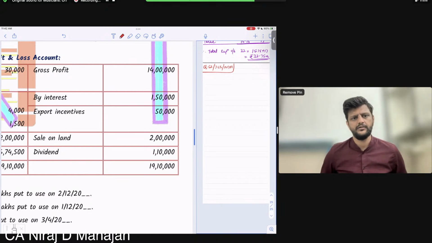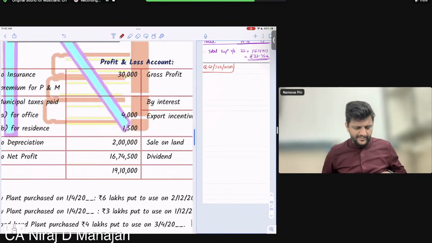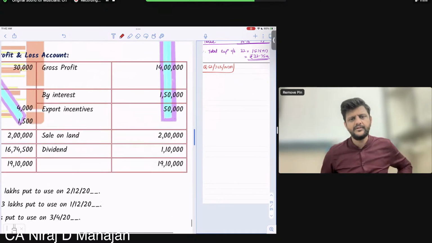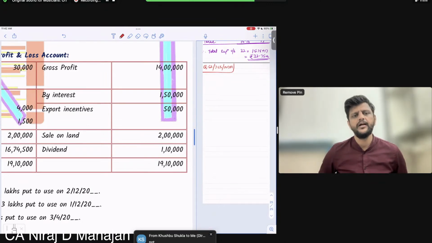Sale of land, 2 lakhs. What do you think? Now they have not given us the business of assessee, but normally, it is revenue or capital? It is capital. You know? And what about dividend? Which head of income should it go into normally?